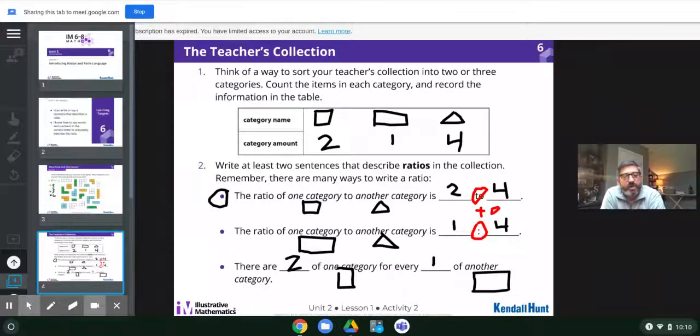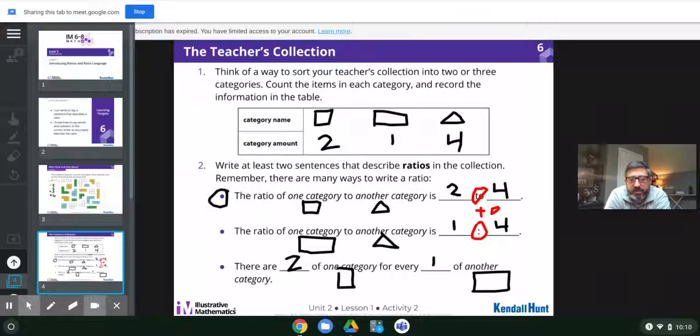So one other way to write that is there are blank of one category for every blank of another category. So the same thing here. The first category goes in the first blank. Second category goes in the second blank. And in this example, we talked about squares and rectangles. So how many squares do we have? We have 2 squares.